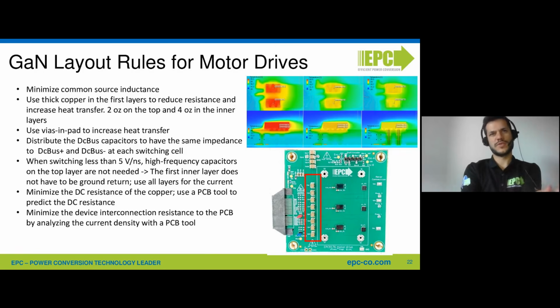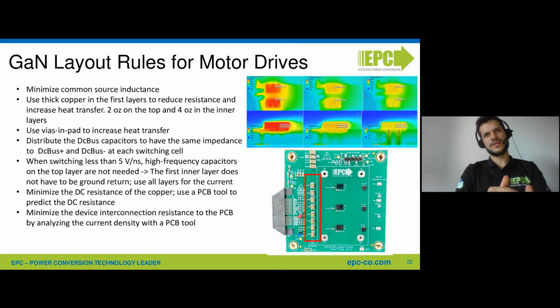Since MOSFETs are vertical conduction devices, they dissipate heat very well from the bottom, while in the case of GaN FETs, which are lateral devices, the thermal resistance toward the PCB is not so bad, even though it's not as good as a MOSFET package.